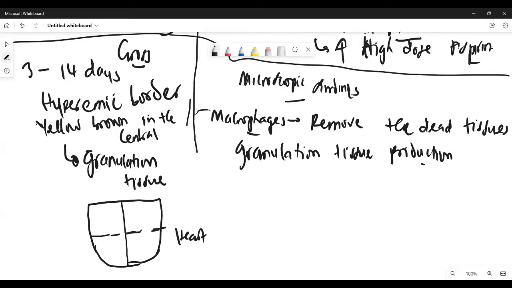Let's say somebody has a big myocardial infarction involving this area, the anterior part of the septum, the interventricular septum or the left ventricle, from blockage of maybe the LAD, the left anterior descending artery, which is a branch of the left coronary artery, which supplies that area.